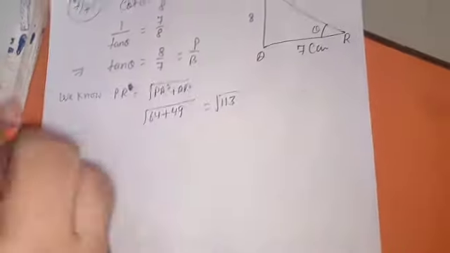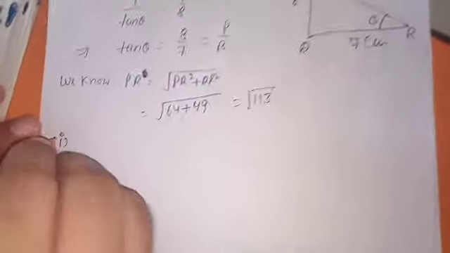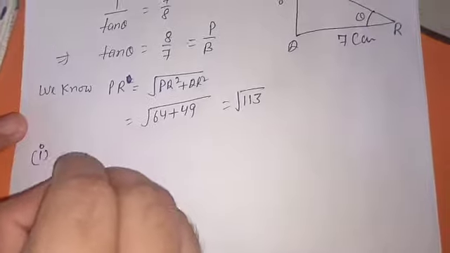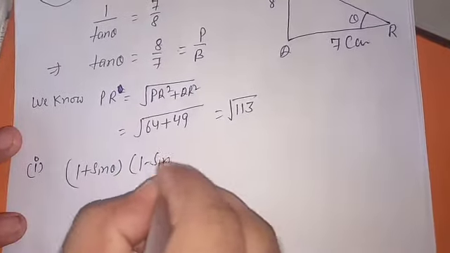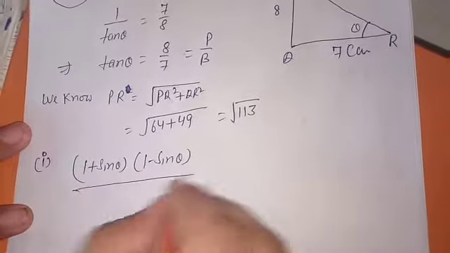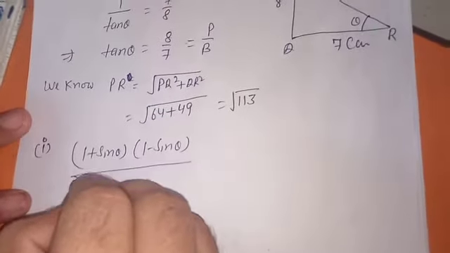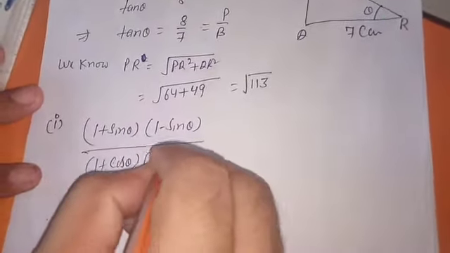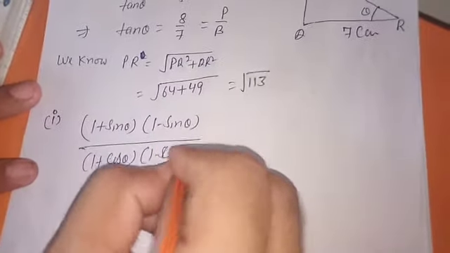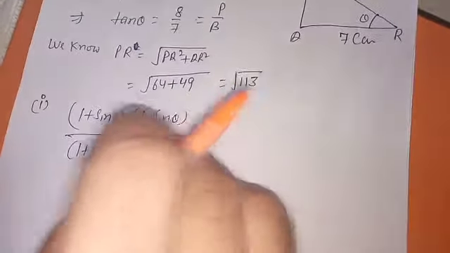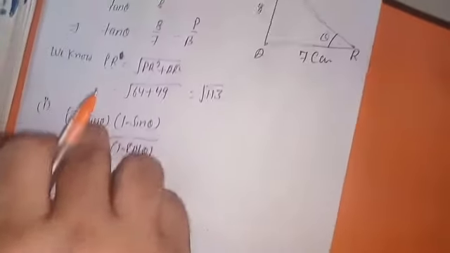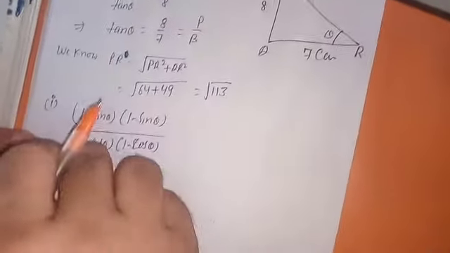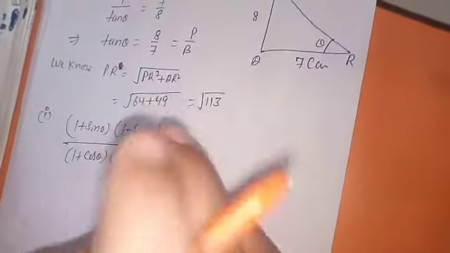In the first case, you can easily solve 1 plus sin theta, 1 minus sin theta, 1 plus cos theta, 1 minus cos theta. You can solve this question in two ways. One is to directly find the value of sin theta and cos theta, put them here, then solve.